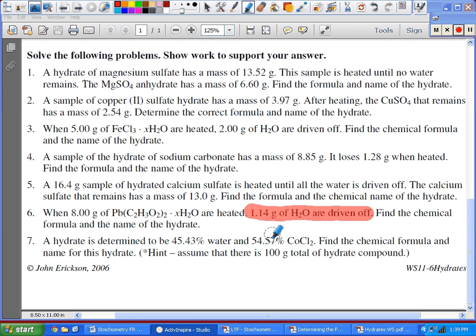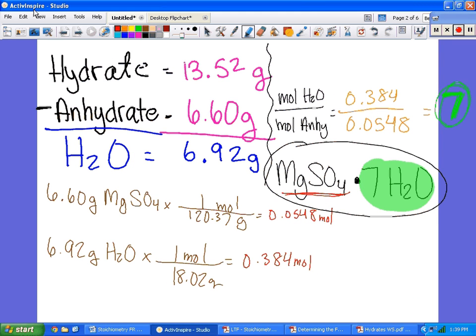So what's different about this one than the past ones? They give you the amount of water that was driven off. So if you go back, they give you the water. So what do you probably think you're going to be solving for? The anhydrate. Is that harder? It's the same thing. You're just going to swap these two things.